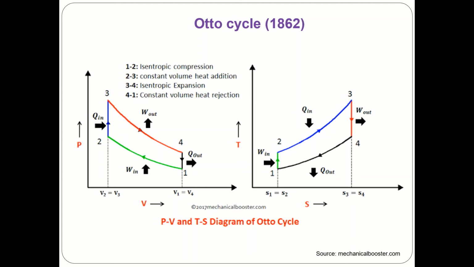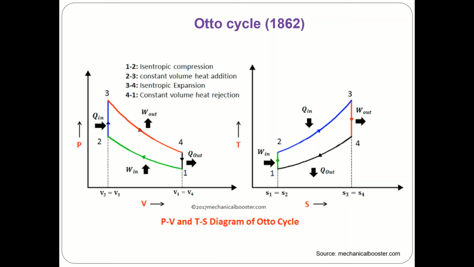Now here you will see that there is no intake stroke and there is no exhaust. We are assuming that air is the substance which is present in the engine, and the heat exchange across the wall occurs through the source and the sink.